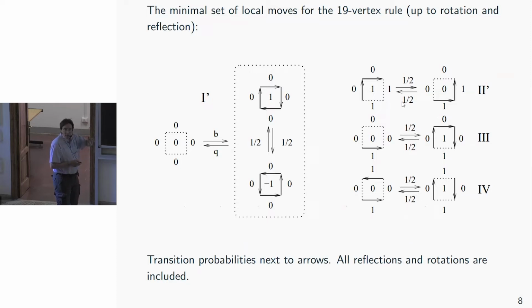Now, because isotropy is imposed on the 19-vertex rule, you have all the rotations of this, not just the one rotation by 180 degrees as on the previous slide. Additionally, we need this move and this move, and then this creation move, indicated by these arrows.